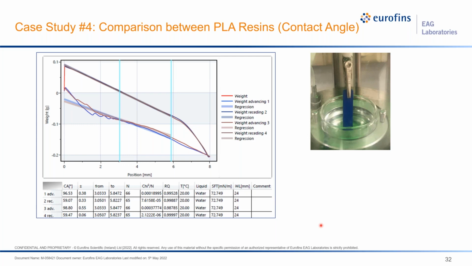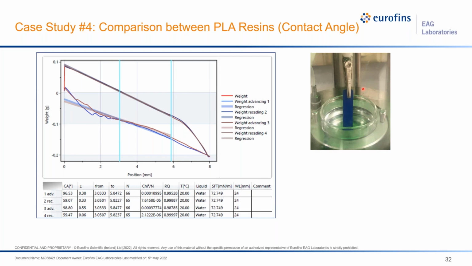Now with this dynamic measurement, we are doing something slightly different. We're not putting a droplet of water on the surface. Instead, we're taking our sample and putting it into the liquid, and then pulling it out, right? When we put it into the liquid, we are measuring the advancing angle. That's just what the surface is like before we wet it. And when we pull it out, that's the receding angle.